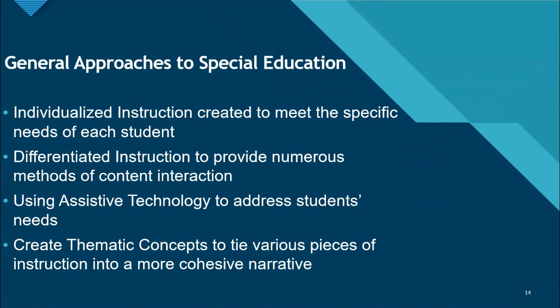We differentiate our instruction so that students can access that instruction in a way that suits their own special needs. Okay, they are sight impaired, hearing impaired, intellectually disabled in some capacity. We can meet them and give them the instruction in a manner that they can interact with.